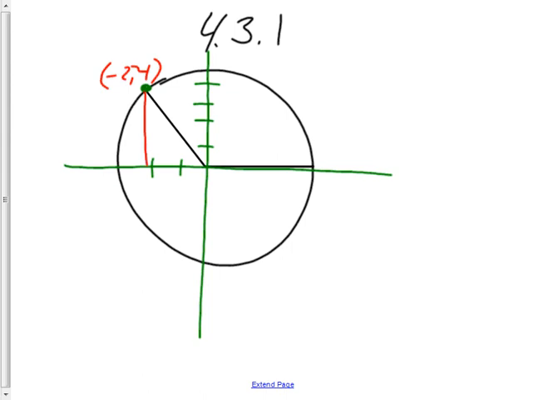This part's y, this part's x, therefore this part's -2 and this part is 4. The only thing that's messed up about this is that you can't have a negative side of a triangle in the real world. The length of the triangle can't really be negative. So just for a moment, imagine that that's just over 2 and up 4.